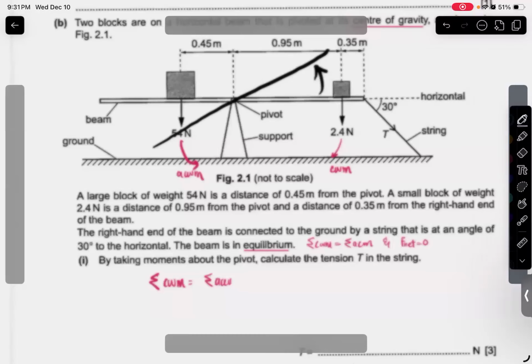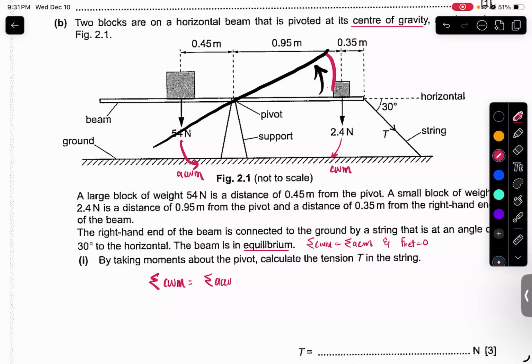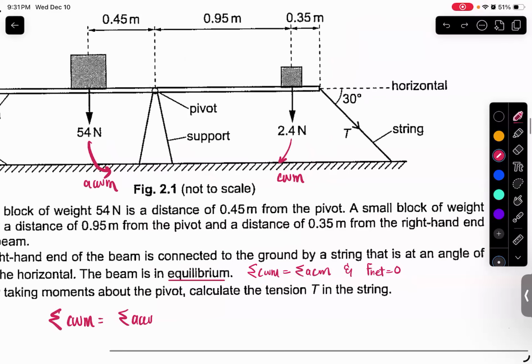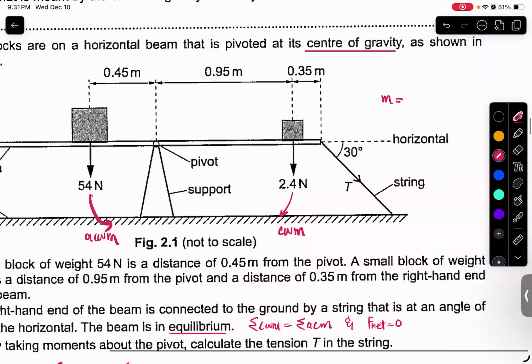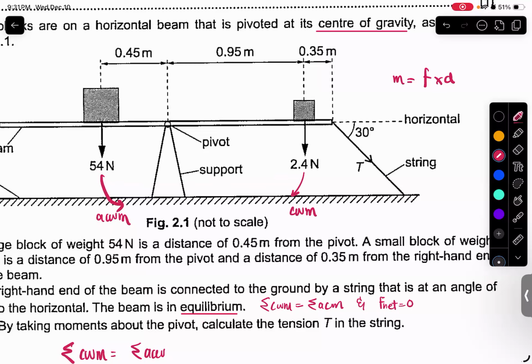But if you want to bring it back down, you use the string to turn it back down. So the string is providing a clockwise moment. This is at an angle, and keep in mind, a moment always requires that the force and distance are perpendicular. So if you do M equals F multiplied by d, and you take this as the distance, then the force you take should be exactly perpendicular to it.